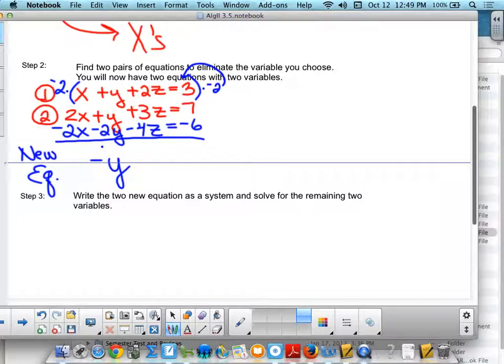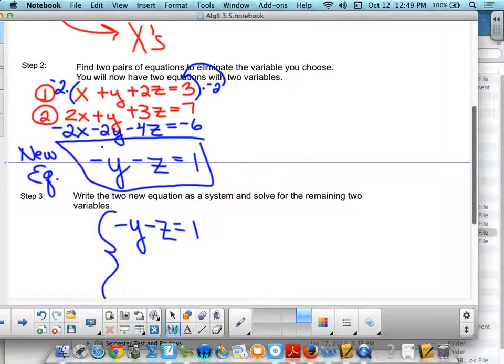The z's make negative 1z. And 7 minus 6 makes 1. There it is. Your brand new equation is just negative y minus z equals 1.